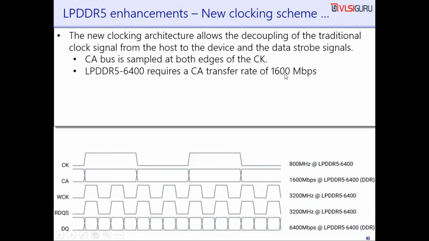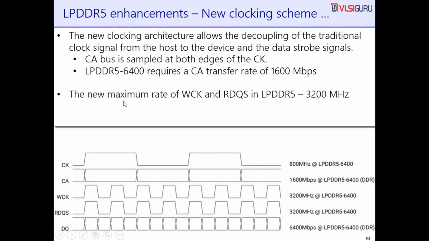Since you are doing double data rate for the command address bus, the clock only needs to run at 800 megahertz. The new maximum rate of WCK and RDQS in LPDDR5 is 3200 megahertz, which gives a transfer rate of 6400 megabits. The final rate of clock CK is 800 megahertz.